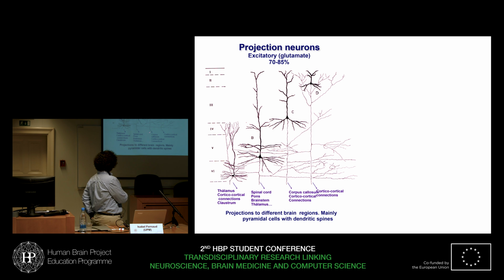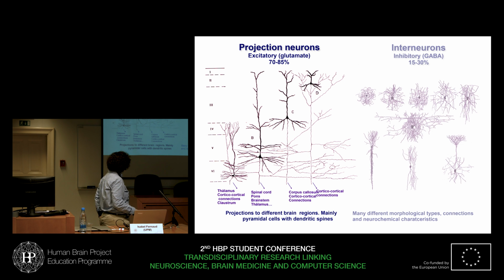They can be further classified based on the projection places where the axons go, so you have thalamocortical fibers, spinal cord fibers, etc., and by the layer where they are. Most of them, if not every one of them, have spines on their dendrites.